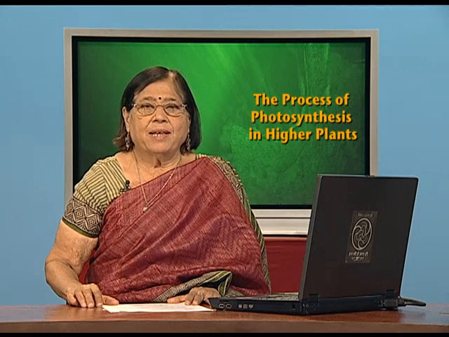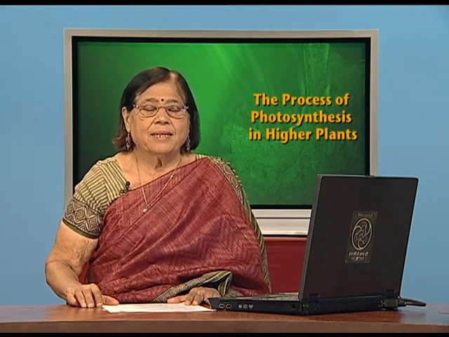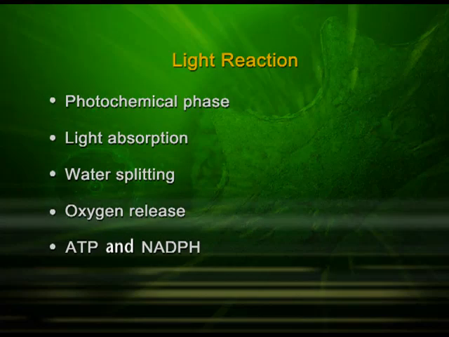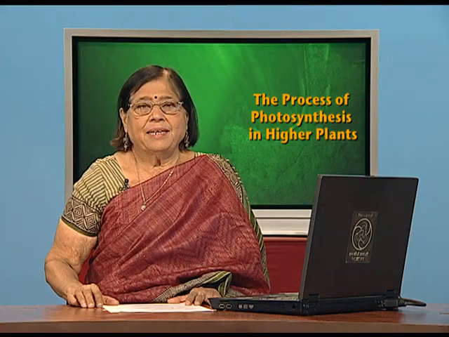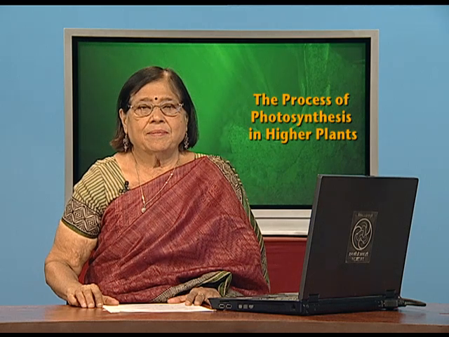Now, this photochemical phase has certain steps. You can see on the slide, there is light absorption, there is water splitting, there is oxygen release, and then there is synthesis of ATP and NADPH. You all know, children, that whenever I say ATP, I mean energy.